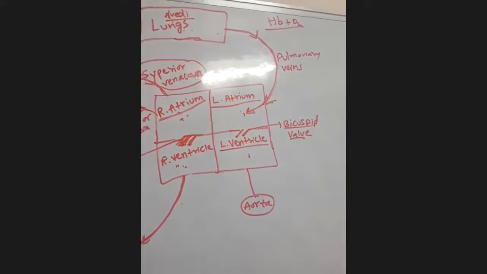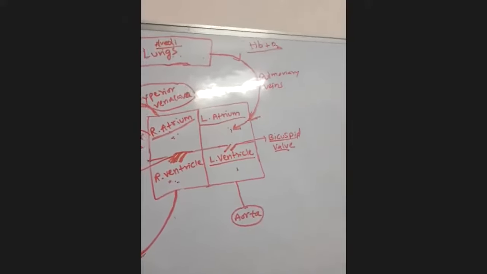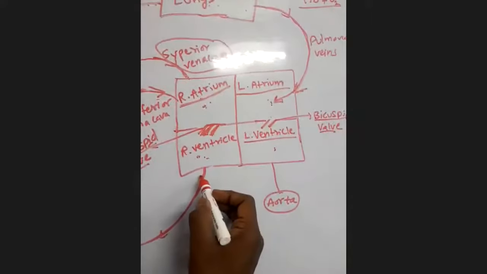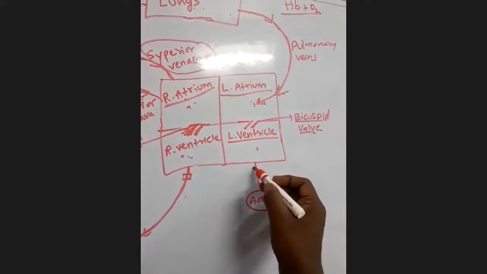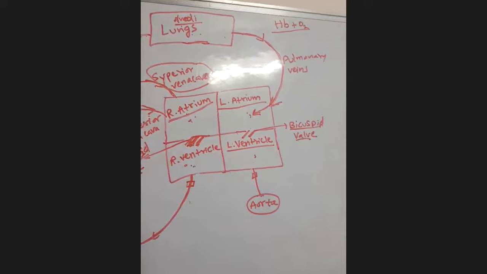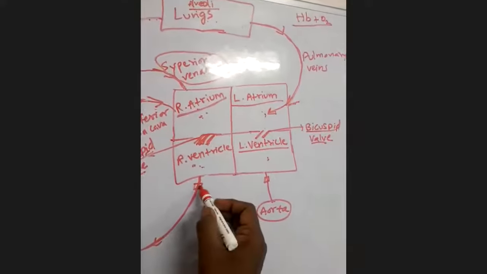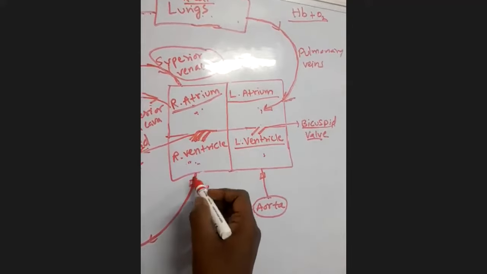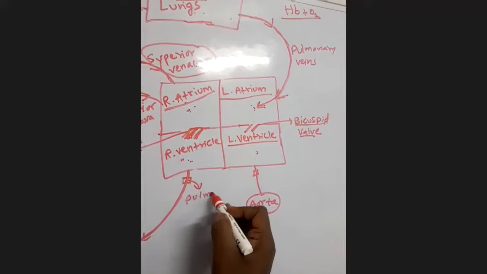Right? Now, at the same time, in the pulmonary arteries and in the aorta, there will be semilunar valves.